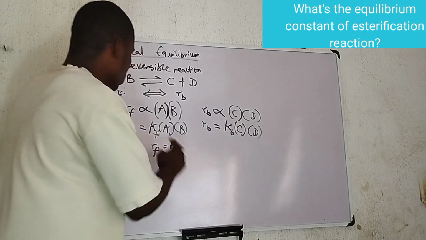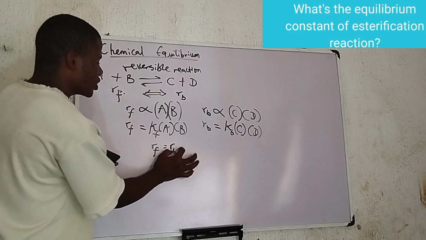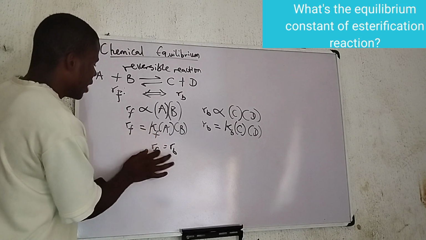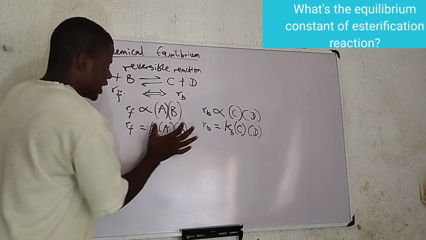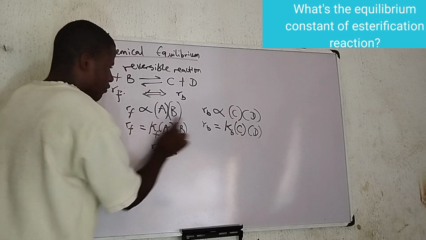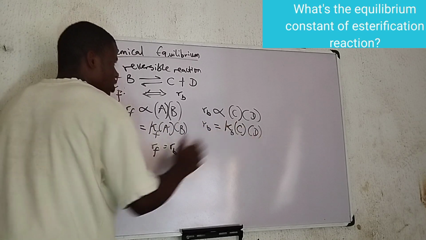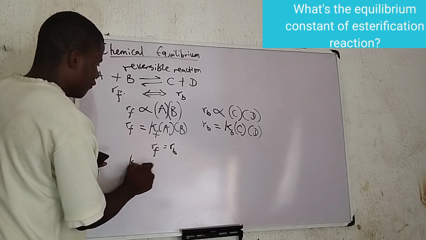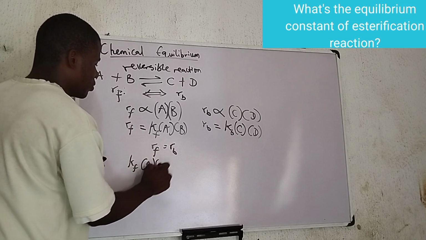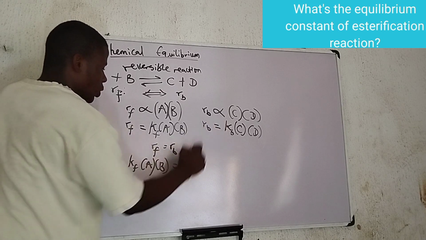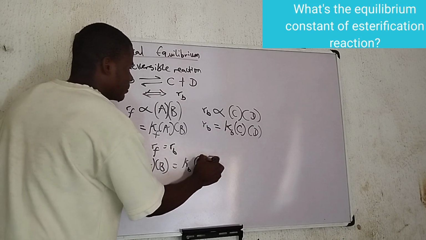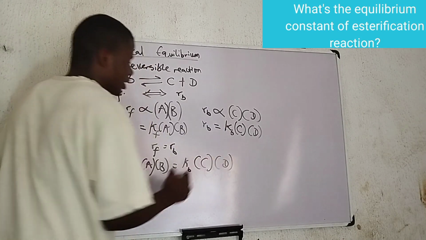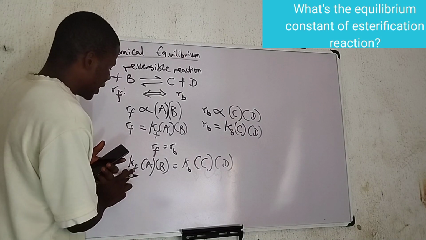So now I have that RF equals RB. Since RF equals this, it means this must equal this. So I have KF times A times B will be equal to KB times C times D. Now these are the rate constants.